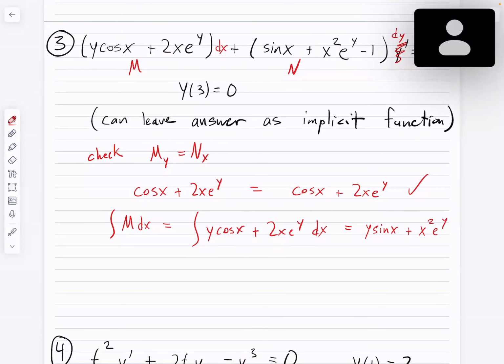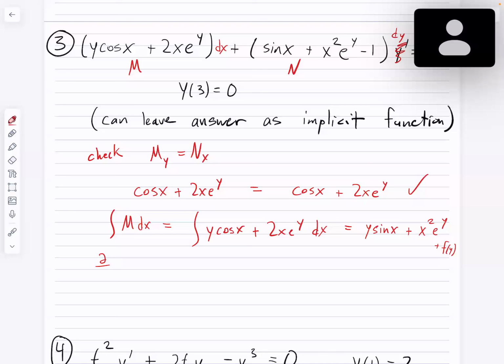And then plus some function of x, plus some pure function, sorry, of y. Pure function of y.